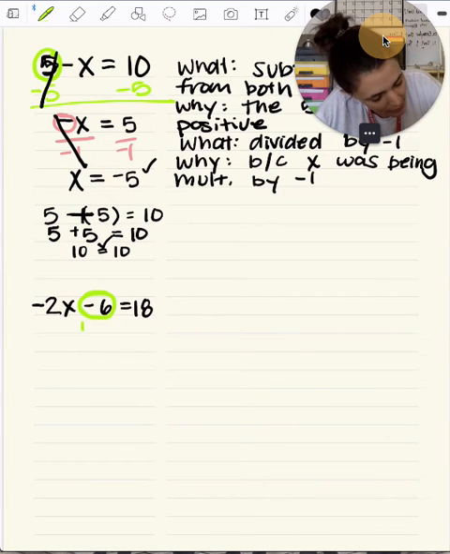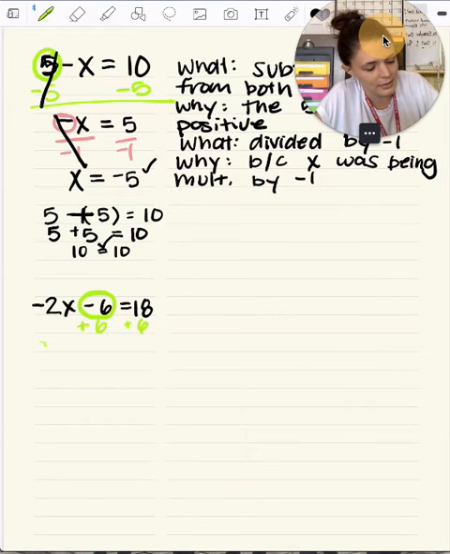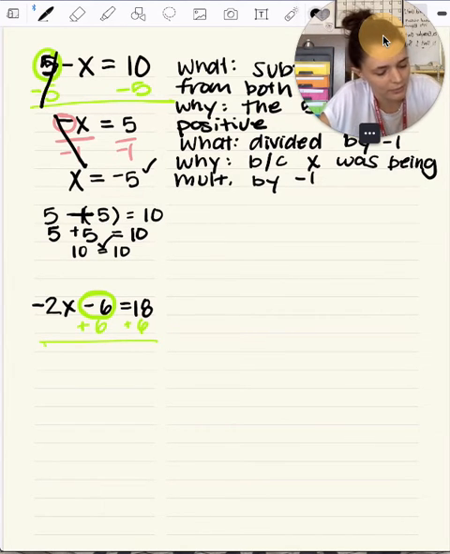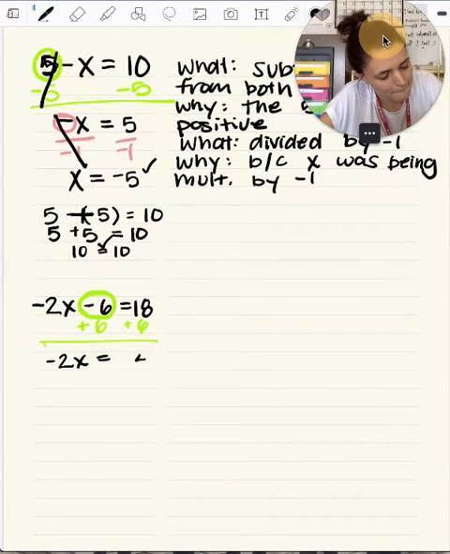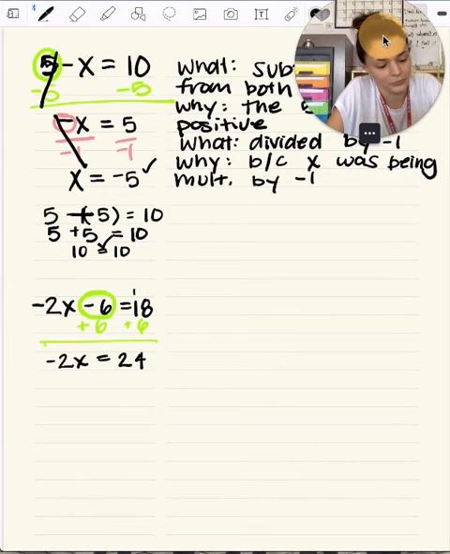We'll get rid of that by using the inverse, adding to both sides, and we have -2x equals 18 plus 6 is going to give us 8 plus 6 is 14, carry the 1, that's 24.